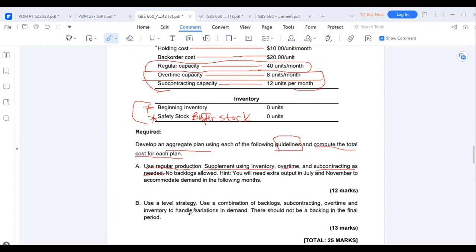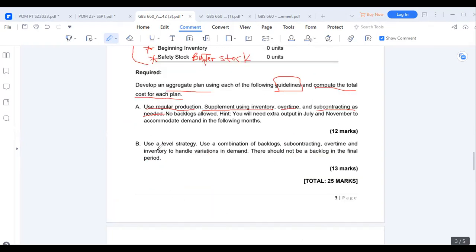Now, there's a second one where it says use a level strategy. Under this strategy that we call level, there is no hiring and no firing.